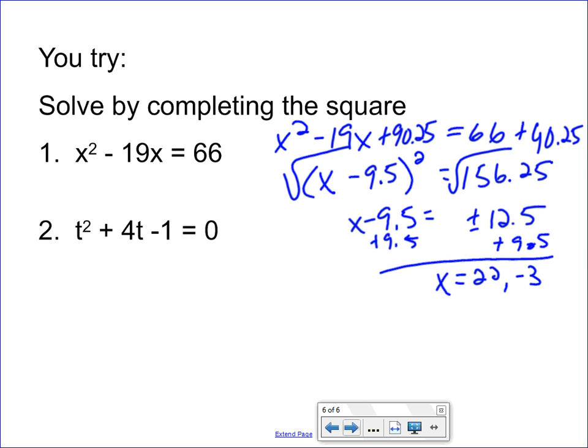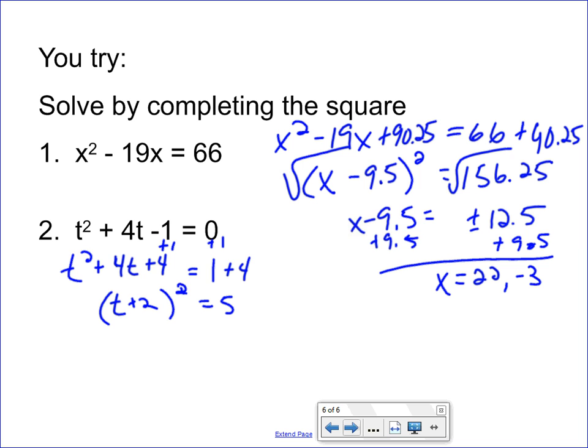Okay, for this one, you should have added 1 to both sides first, and then complete the square, so that would be adding on a 4 and adding on a 4. So this would be (t plus 2) squared equals 5.